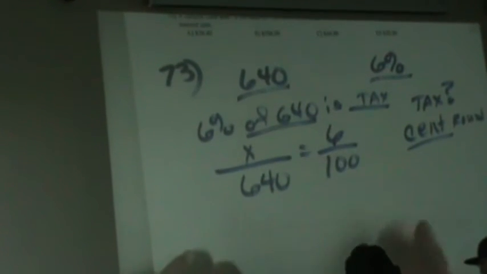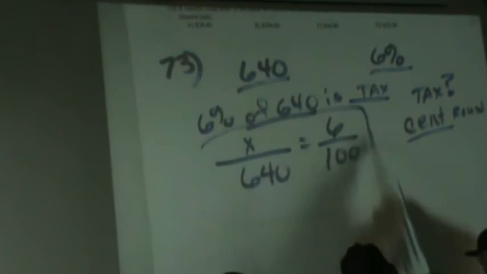So 6% of the price is going to be our tax, right? 6% of 640 is the tax. So the is over the of equals our percent over 100. Our 6 goes over 100.